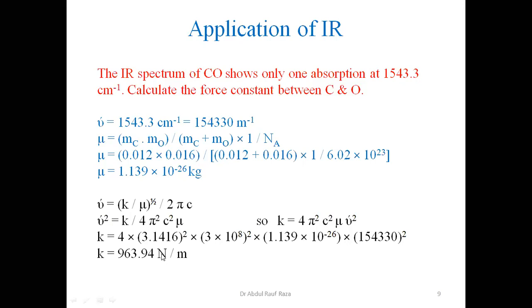So mass is kilogram and acceleration is meter per second square. Meter shall cancel out with meter. So we shall have kilogram per second square. So these units are also used for force constant. Newton per meter is more simple, but it can also be converted into kilogram per second square. Keep this in mind.